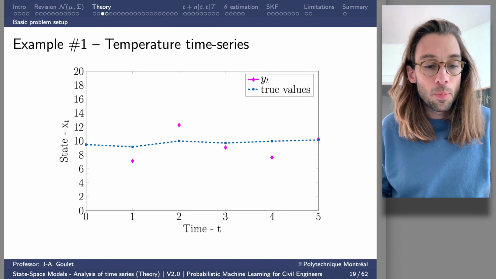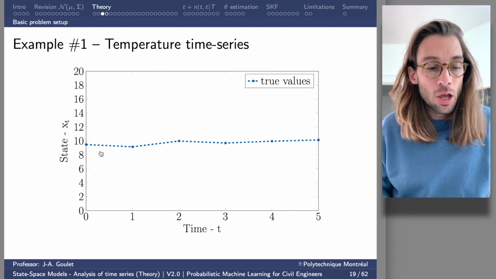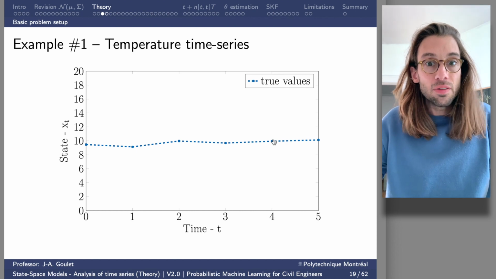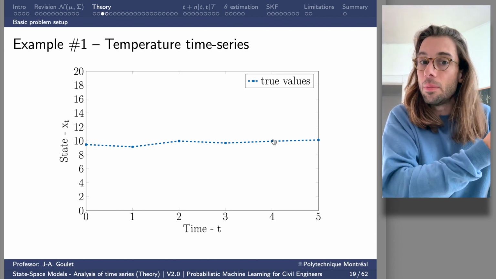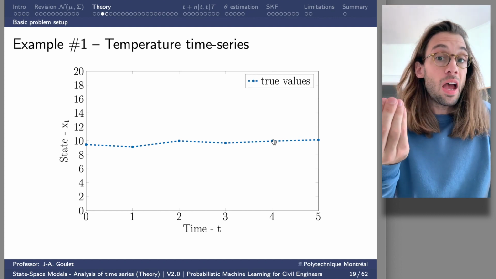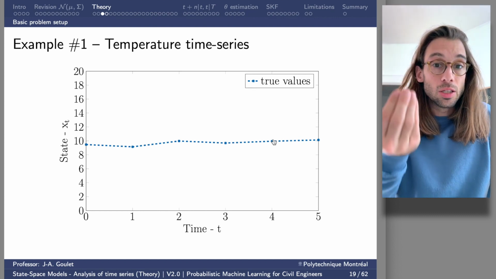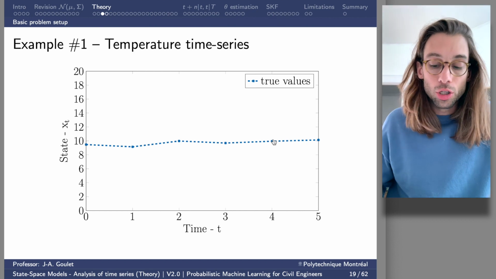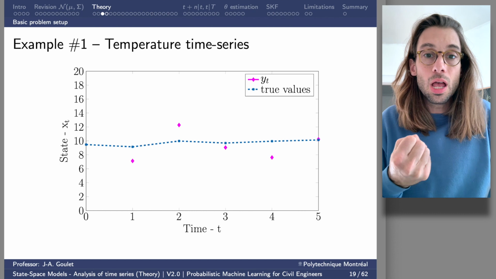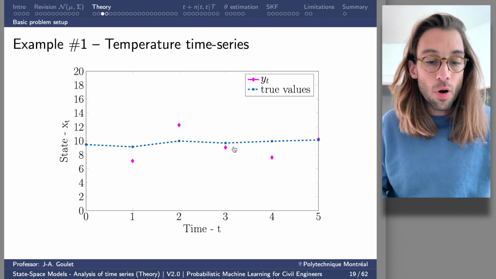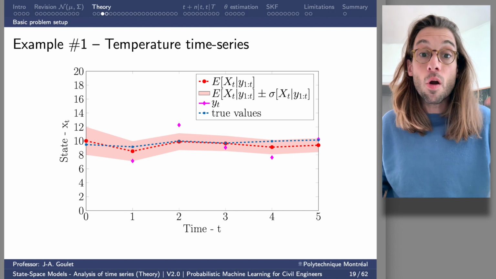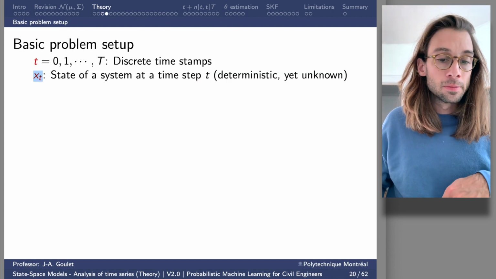We need to say that this was the true temperature. The room has a given temperature at every point in time, so that temperature doesn't vary at a given point in time. It's not a random variable, it's a deterministic quantity. But what we want to do is to infer our posterior knowledge for that temperature as a function of imperfect observations. So the output is going to be probabilistic because we have imperfect knowledge.